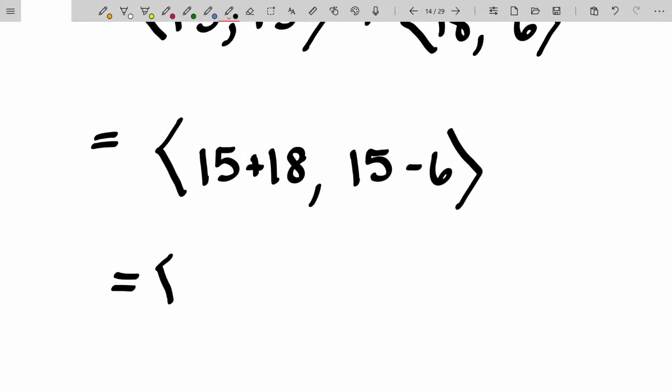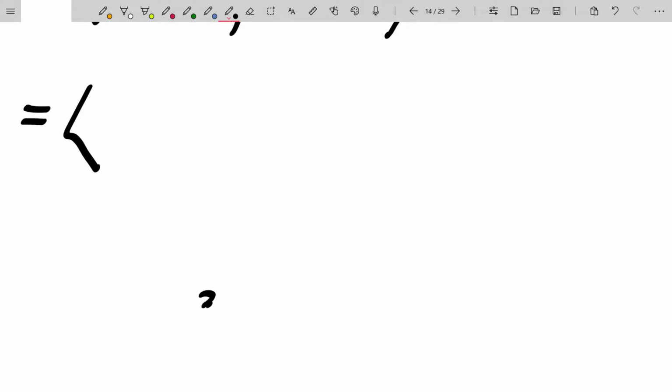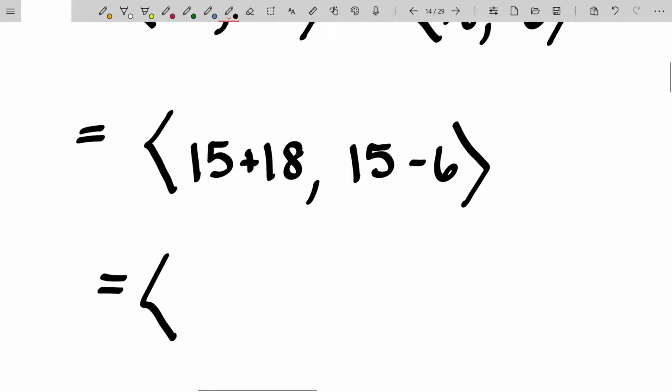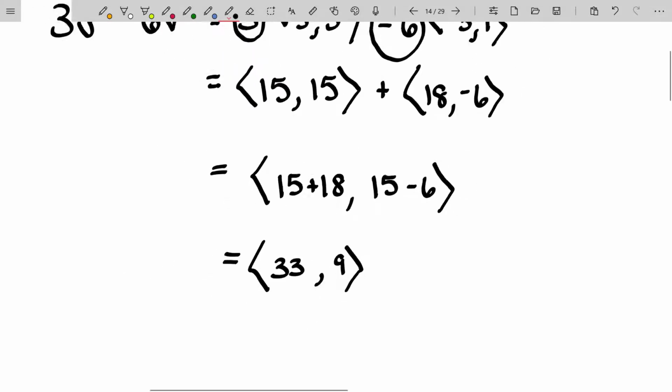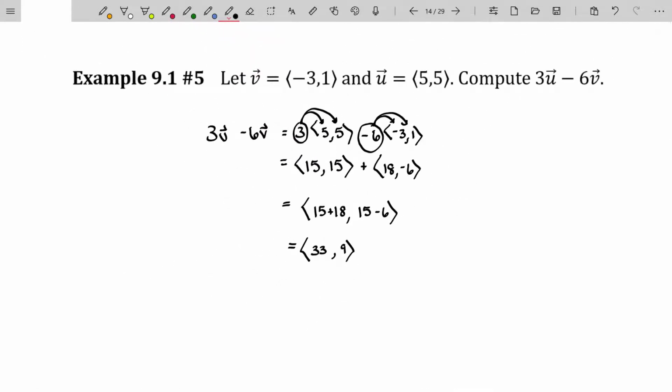And the final vector that represents the summation will be 33 comma 9. I don't want to draw that because obviously that is a pretty large vector, over 33 units and up 9 units, but that's the algebraic sum of those two vectors. So 3u minus 6v.